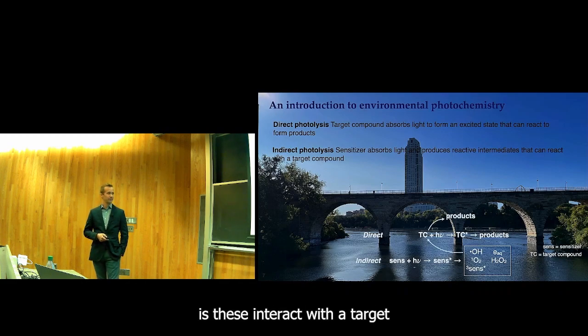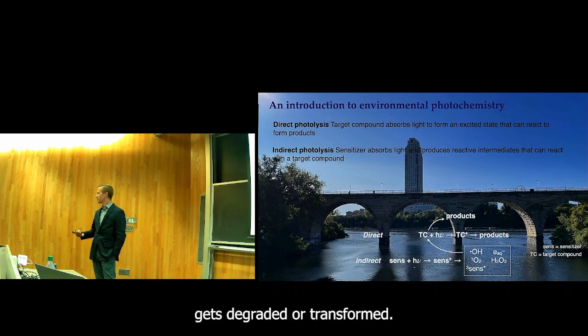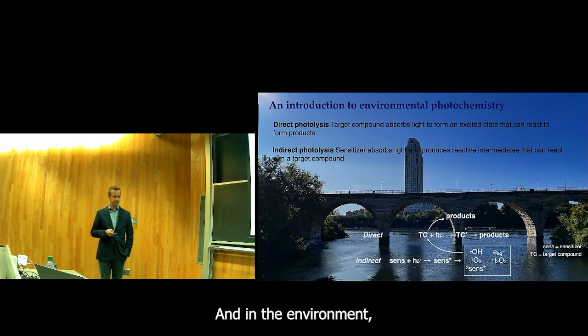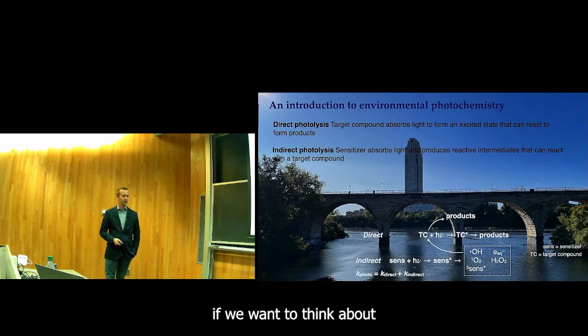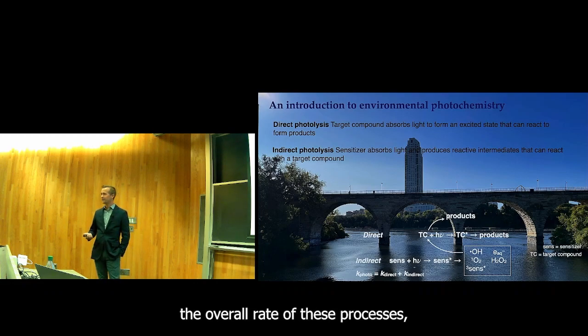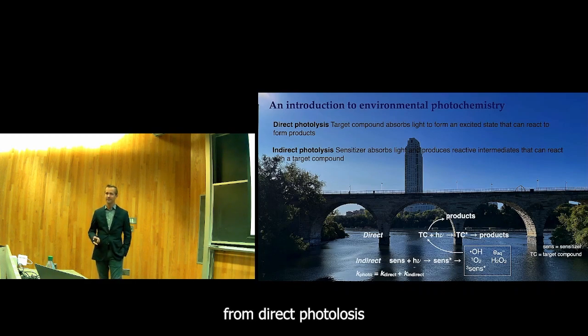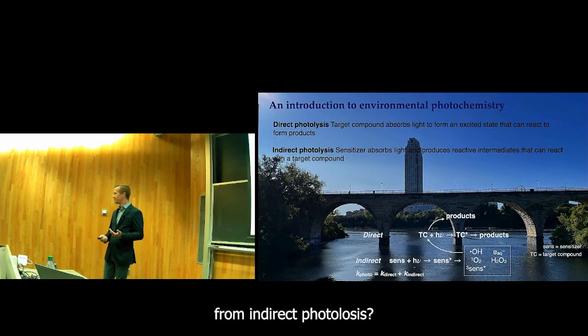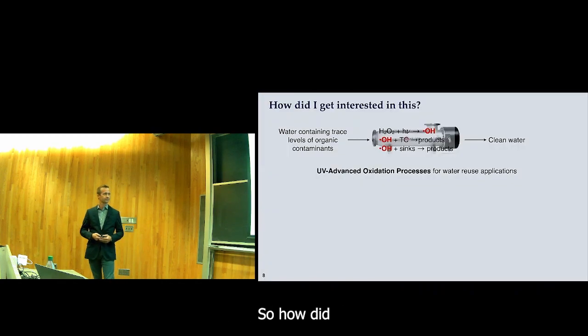What these do is interact with a target compound to form products. So it's an indirect way that the target compound gets degraded or transformed in the environment. If we want to think about the overall rate of these processes, we want to consider both: what is the contribution from direct photolysis and what is the contribution from indirect photolysis?